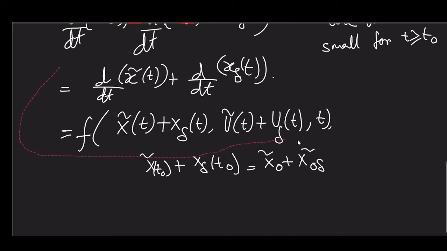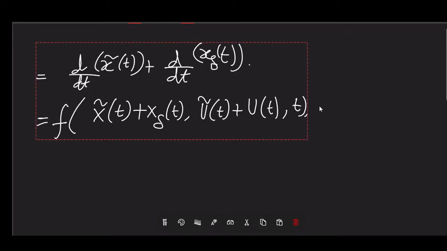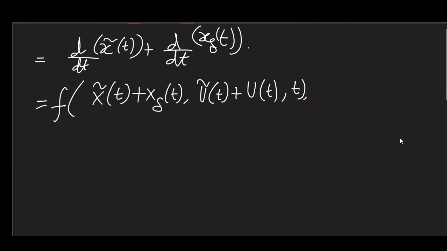Now let us take it to another page. What we can have here is that if we expand the right side using Taylor series about the nominal trajectory x tilde and u tilde, then all the higher order terms will be there.